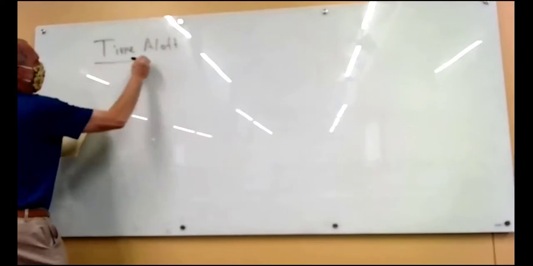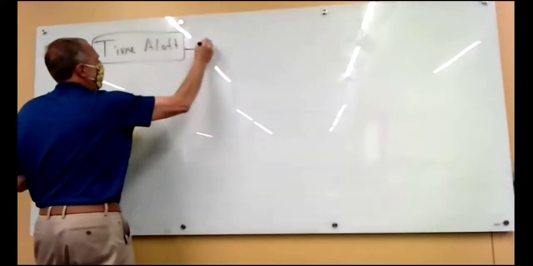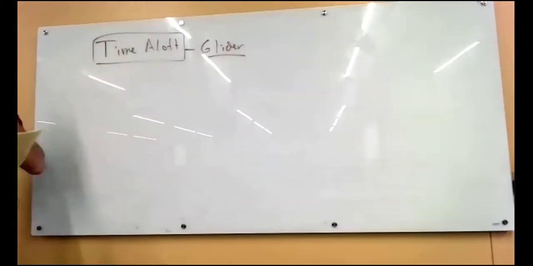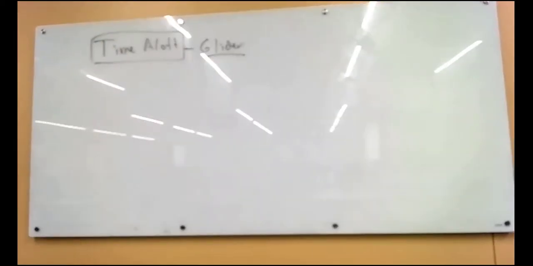So time aloft for a glider. And we'll also talk about this for a powered airplane, but that's more with how much fuel you have on board and how long you can fly on that amount of fuel. In this case, the fuel is your altitude. That's your energy is coming from your altitude and you're hitting the ground.